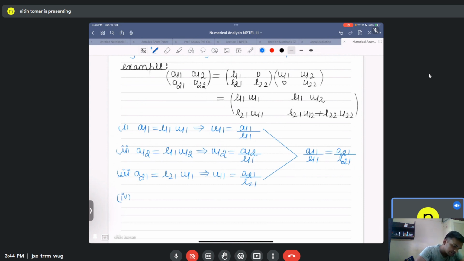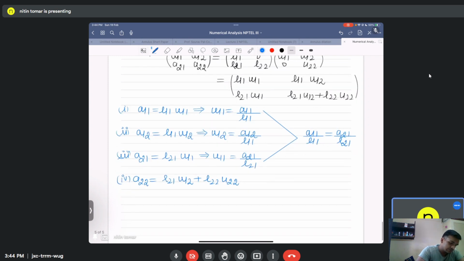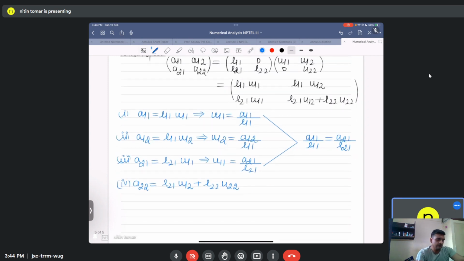What about the fourth condition? It says A22 is L21 U12 plus L22 U22. So you have values for U11 and U12, so from here we can have U22, correct?